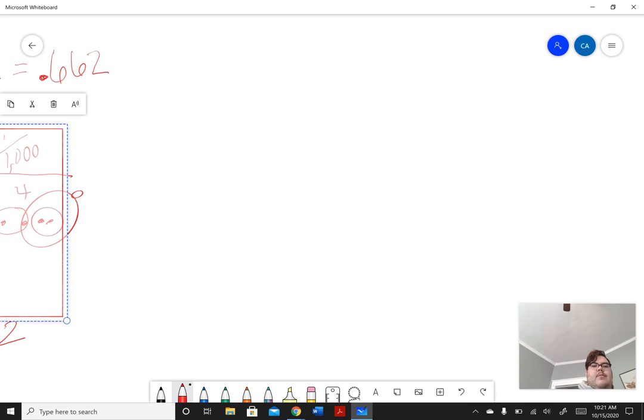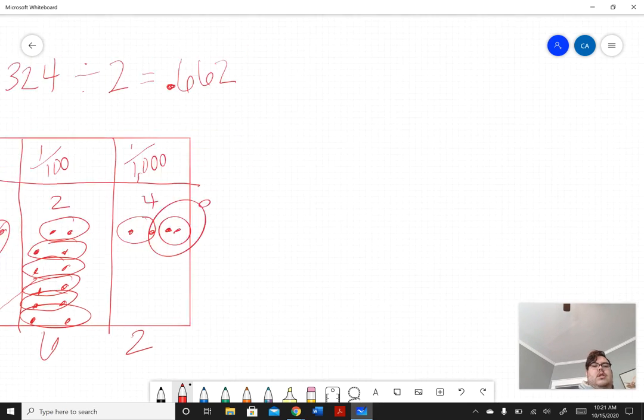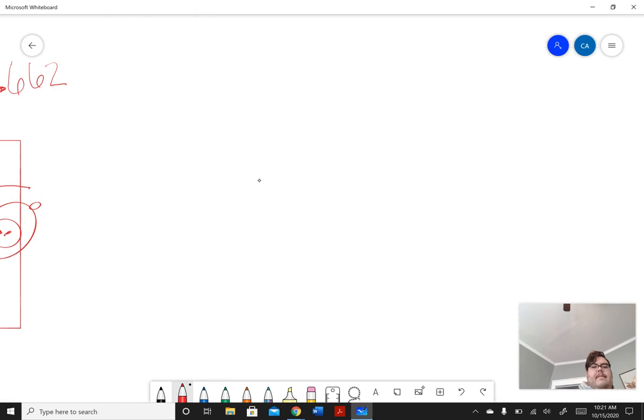But let's double check using standard algorithm or long division. Okay, so I'm making the corner of my place value box, and we're dividing by 2. The number we're dividing is 1 and 324 thousandths.